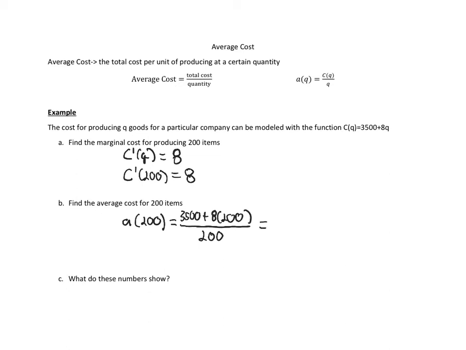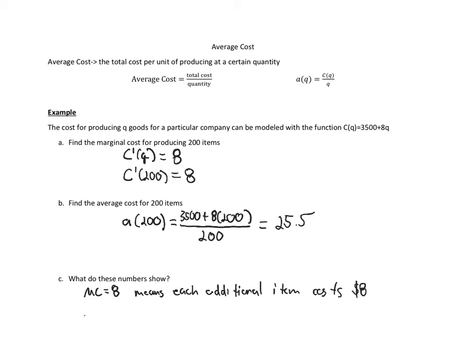And if we compute that number, we'll get 25.5. So what do these numbers show? The marginal cost, that MC equals 8, means each additional item costs $8.